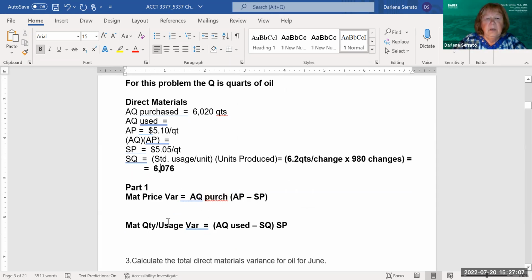Okay, so we've done this one. Now we need to do the materials quantity variance. So what's the difference between quantities? So AQ was 6,020 quarts. SQ was 6,076 quarts times an SP of $5.05 per quart.